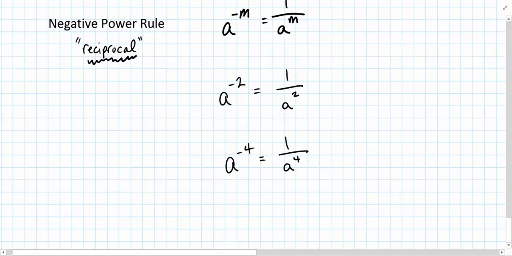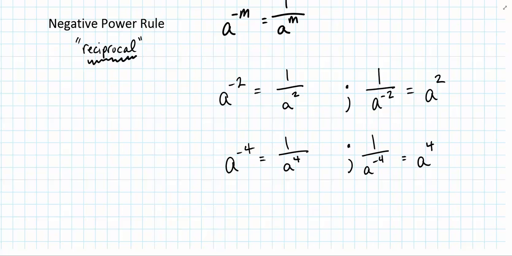And consequently, if we take a base with a negative exponent, if that base with the negative exponent is already in the denominator of a fraction, for example, 1 divided by a to the negative 2nd power, then its reciprocal would be a to the positive 2nd power. 1 divided by a to the negative 4th power is simply a to the positive 4th power.